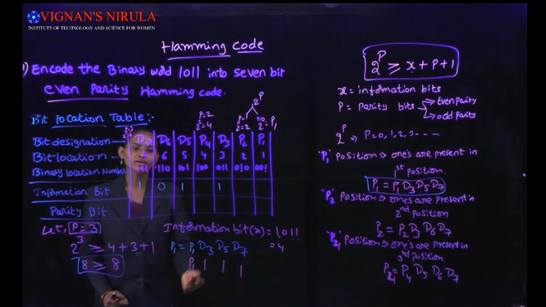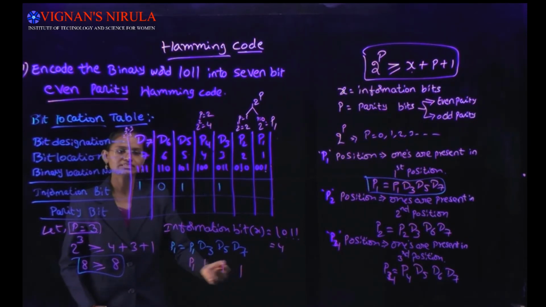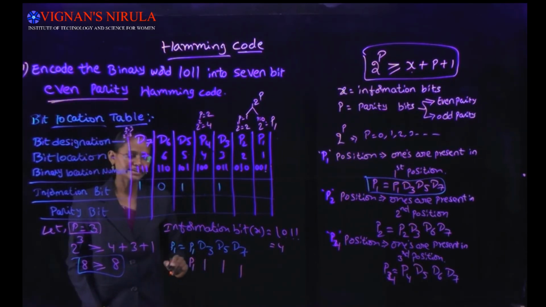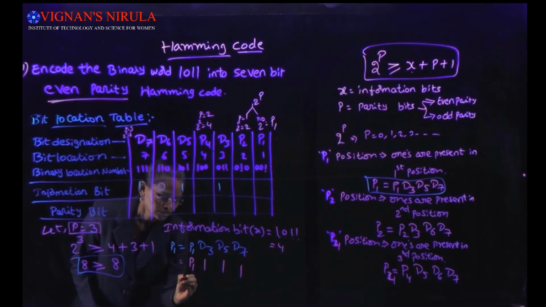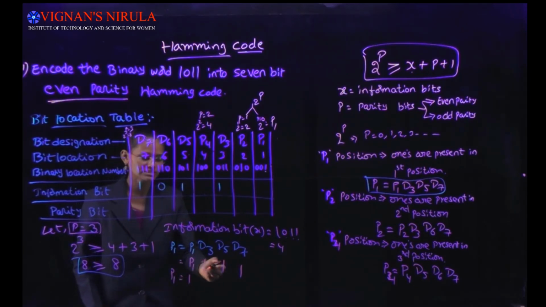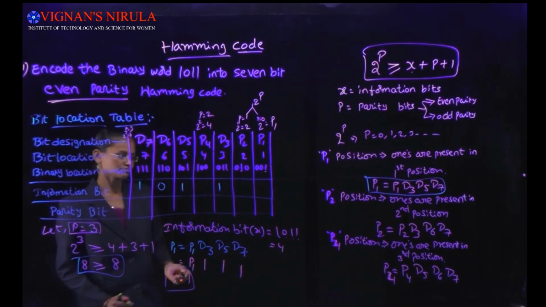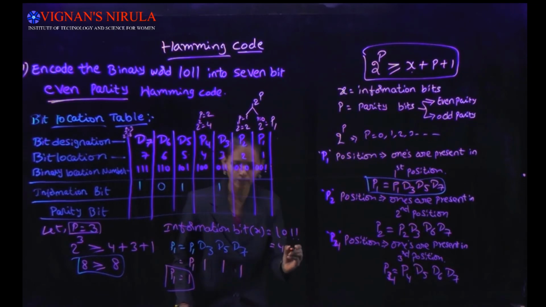The number of ones is 3, so this is odd. In the given problem you have to find the even parity. So P1 is 1, making the number of ones 4.